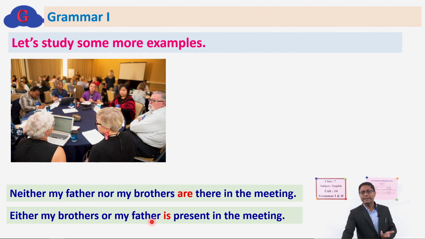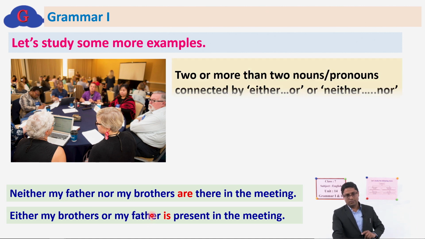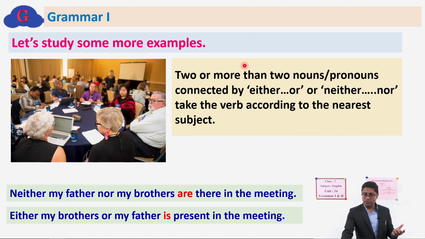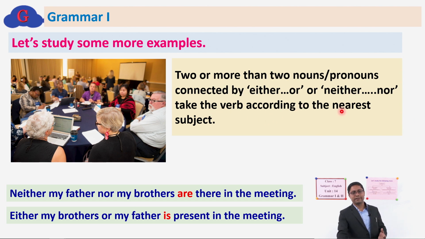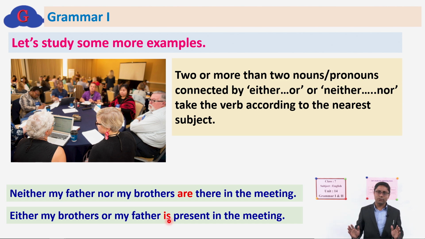So, we have is. So, if two or more nouns or pronouns are connected by either or or neither nor, then they take the verb according to the nearest subject, closest subject. Here brothers, so are, your father, so is. Got it? Okay, I hope you understood. Let us move to the next example.